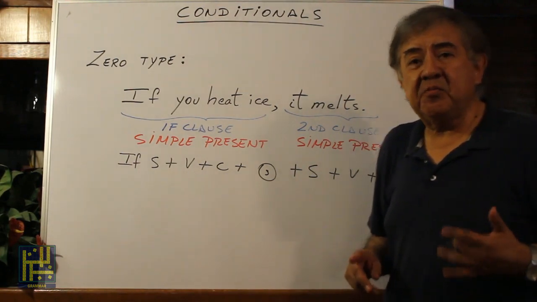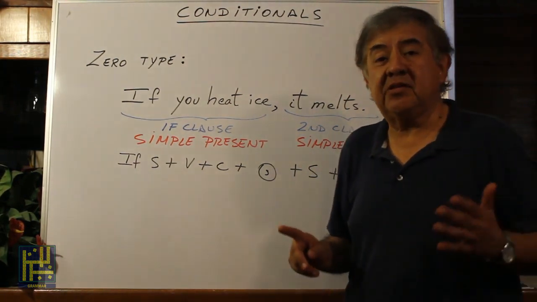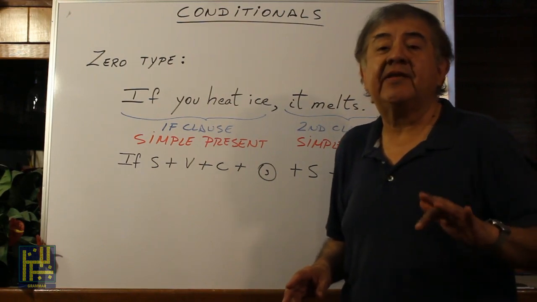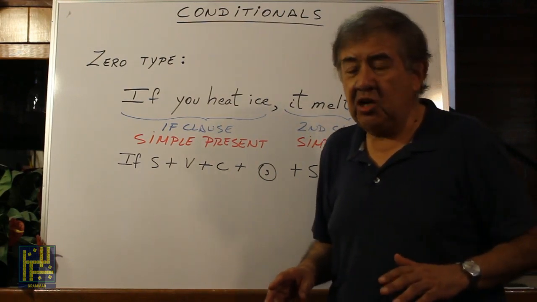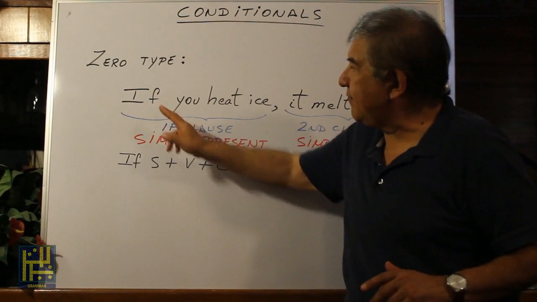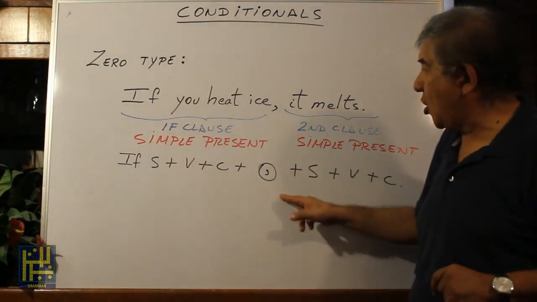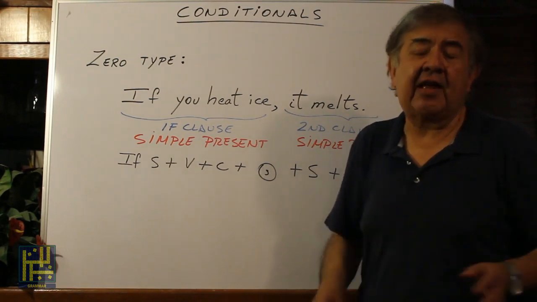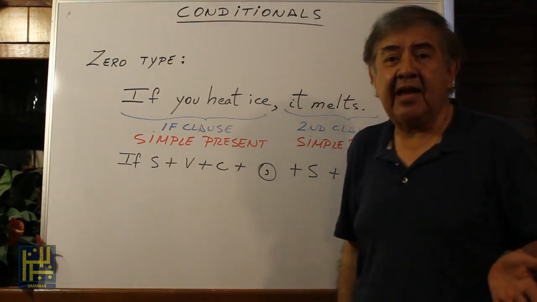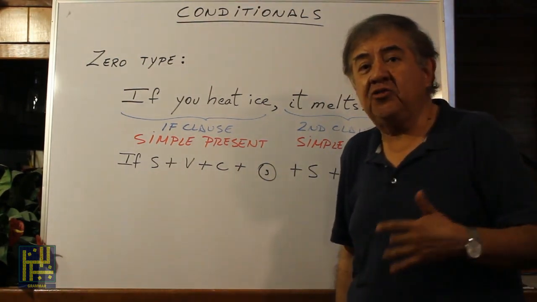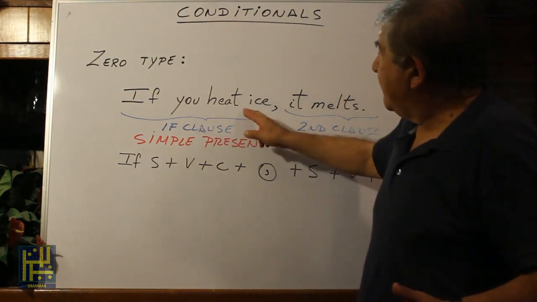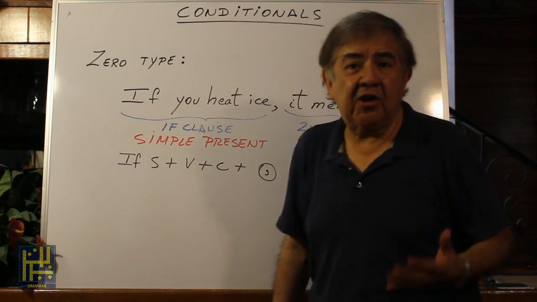The comma here is very important, and something that you must take into account is that in the first, second, third type or zero type of conditionals, whenever you start with the if clause, you have to use the comma. However, when you use the second clause at the beginning and the if clause at the end, then you don't use the comma. Now, in this case, as I'm telling you, it is something for sure.